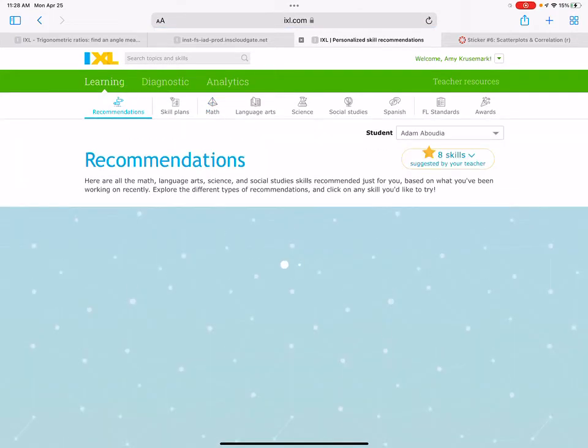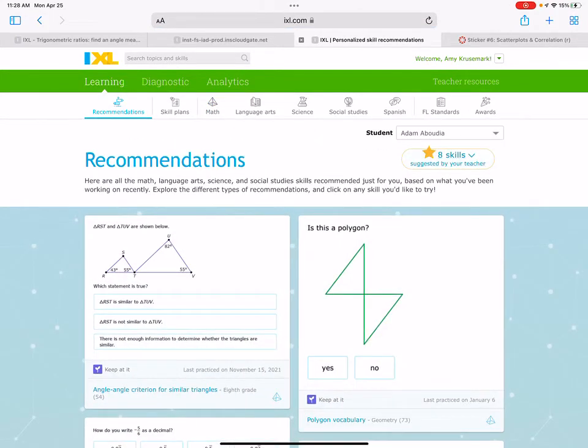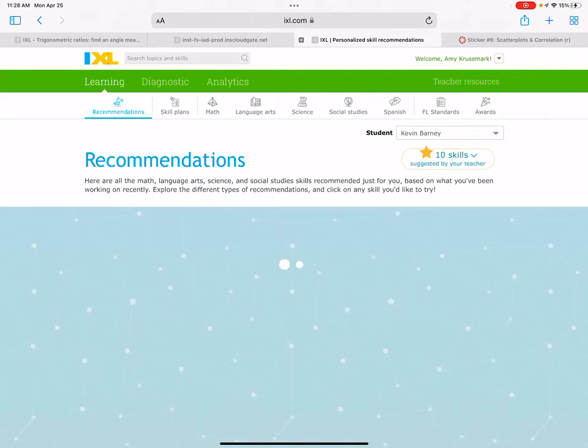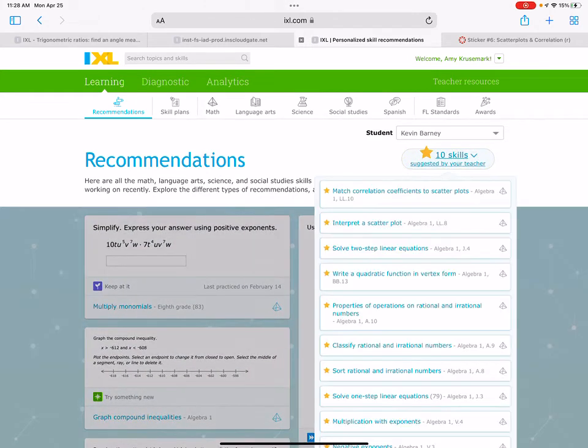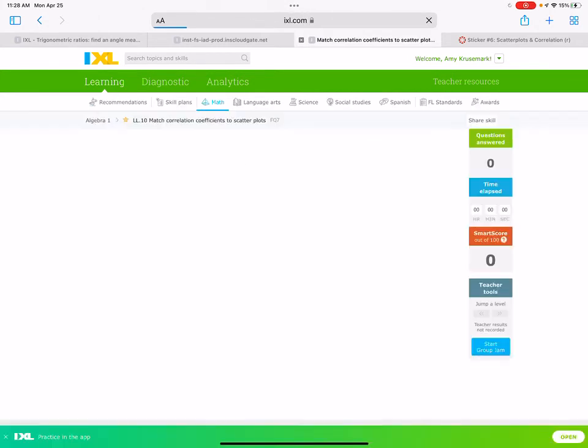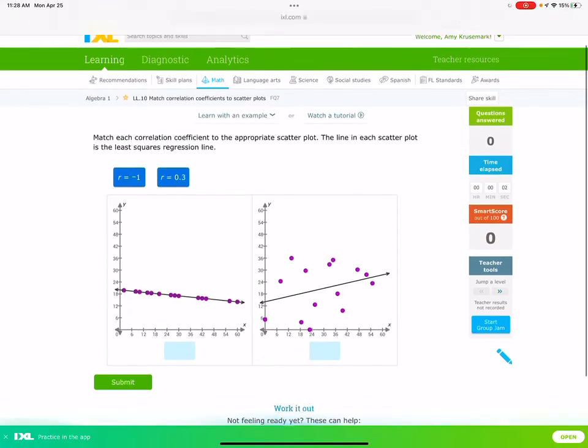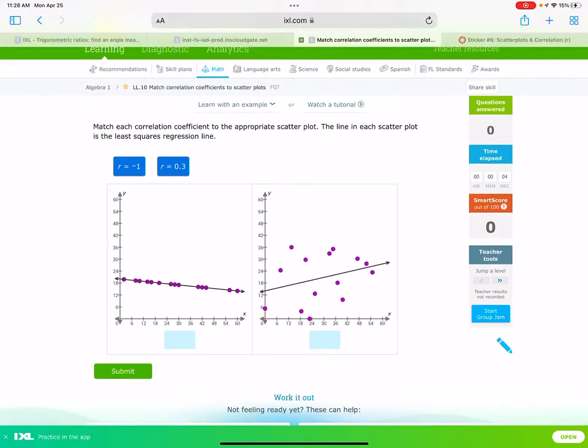Cool? All right, now let's go to the other one that we were recommended. So when we go to our recommendations, was there another one that was recommended? New. And that one's relating to r. So let's take a few notes on that. We see here a graph where the dots are kind of going downhill. And then we see here where the dots are kind of going up, right?